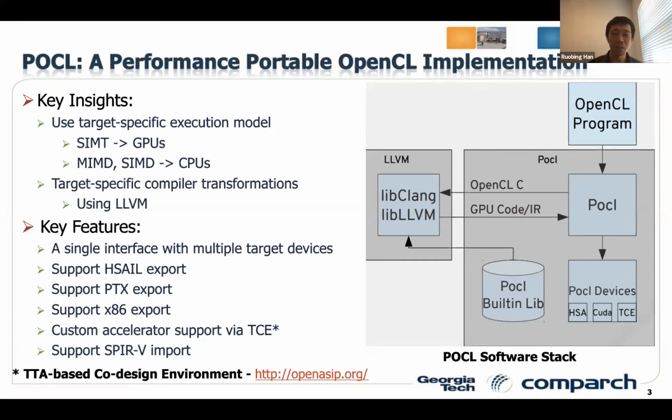It will use the driver to allocate memory, do some memory copy, and also send the compiled kernel to the device and launch it. Finally, after we finish the execution on the device side, we can use the driver to fetch the memory from the device side to the host side. So this is the whole process of how POCL executes our programs on a given backend device.